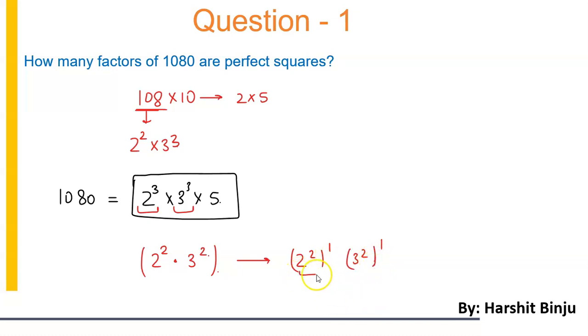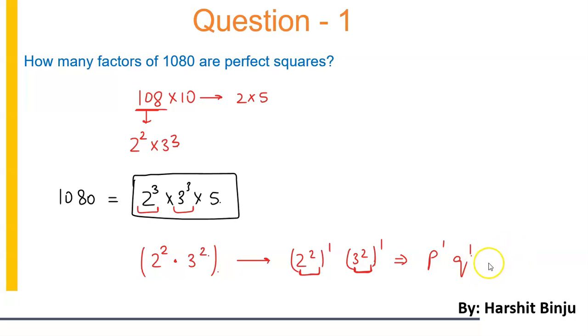Because these are squares, when I take the square root, it will automatically be non-squared. So it's basically something like p to the power 1 and q to the power 1, where p and q are whole squares, so that when I square root them, they give me an integer value.